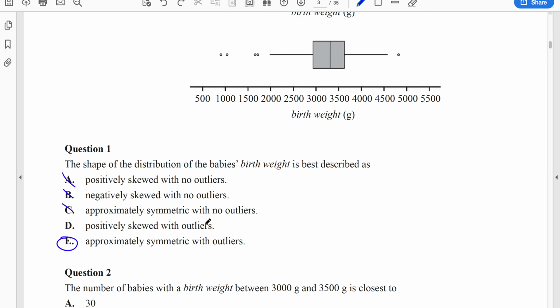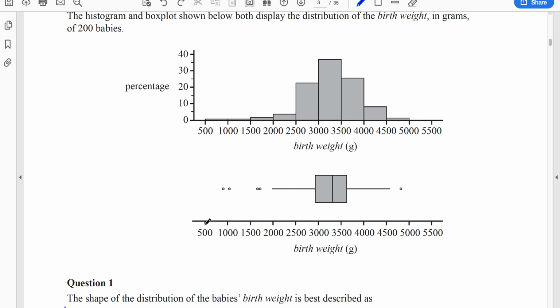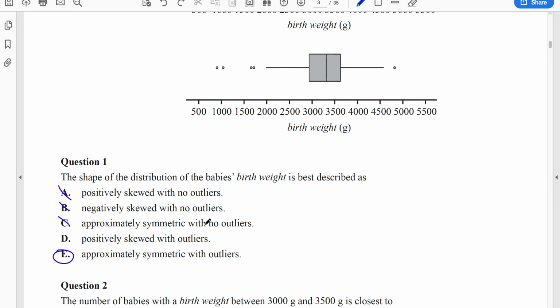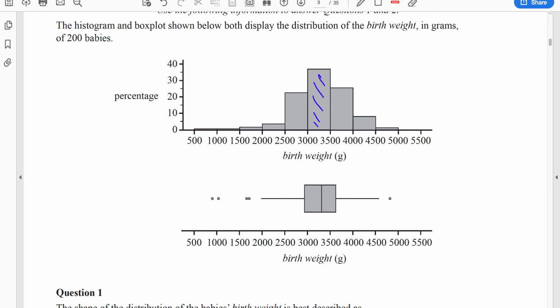Because if you have a look up here at the histogram that we're given, it says between 3,000 and 3,500 grams. So that is this column in here. If I have a look at the approximate height of that, you'll see that it is about 37.